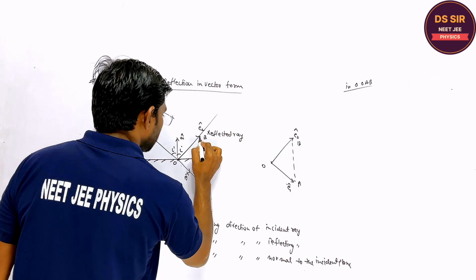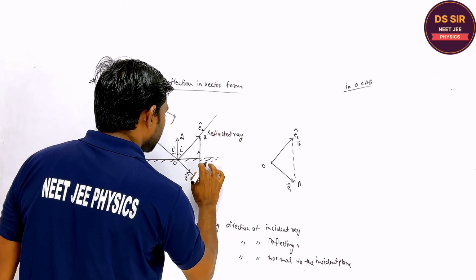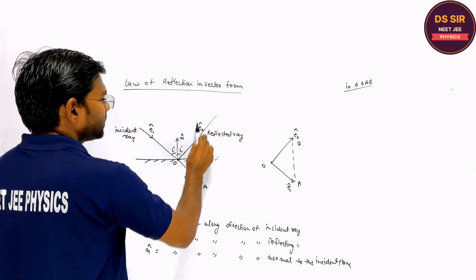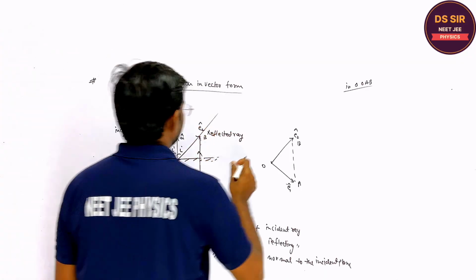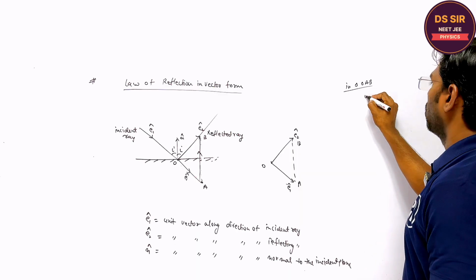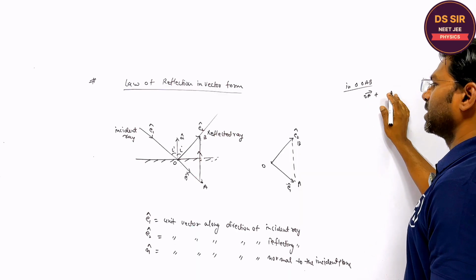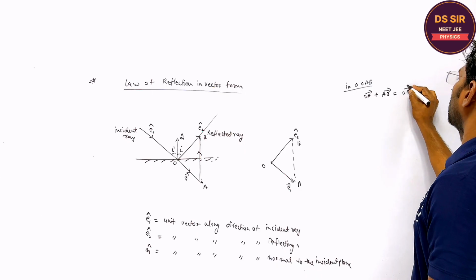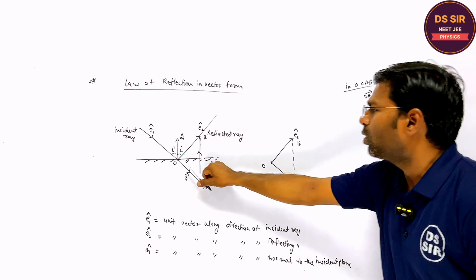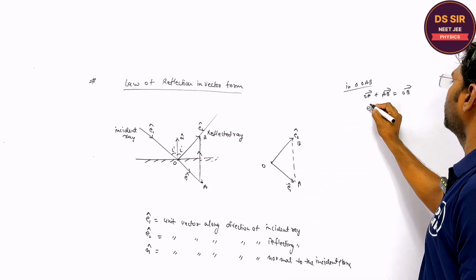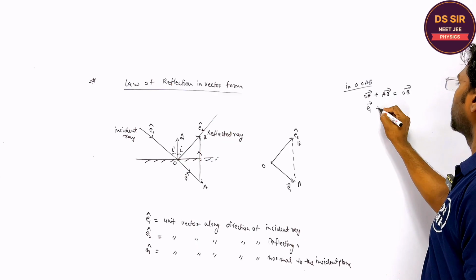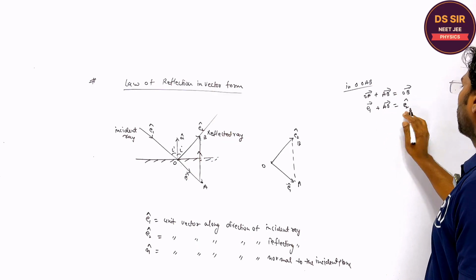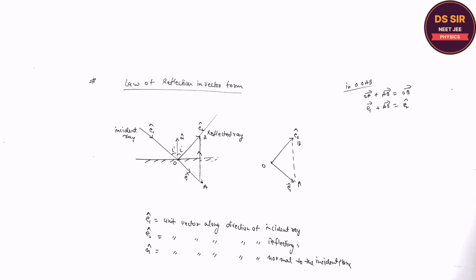Suppose this vector is assumed to be the AB vector like this. OA plus AB is equal to what? OB vector, right? What is the OA vector? It is the E1 vector, plus AB vector is equal to E2 vector. So we have to find this E2 vector only, right?